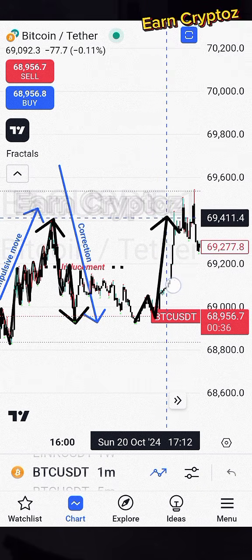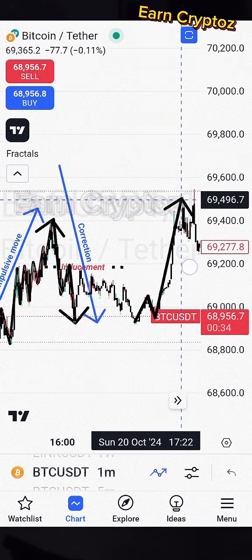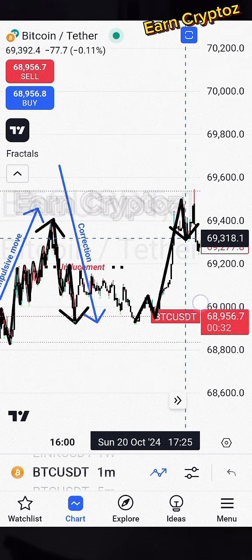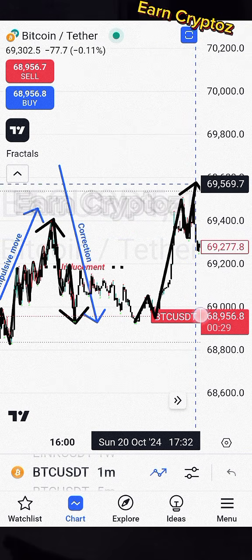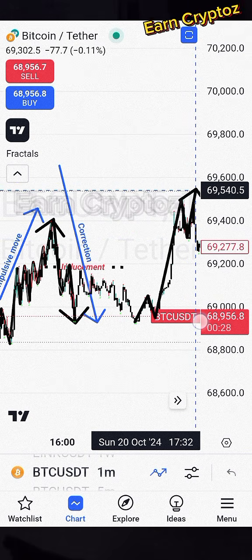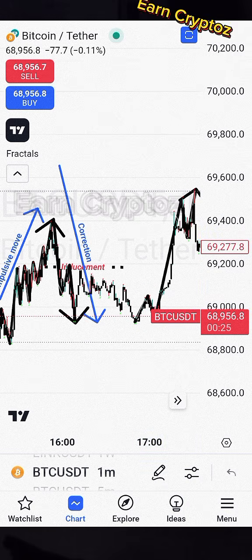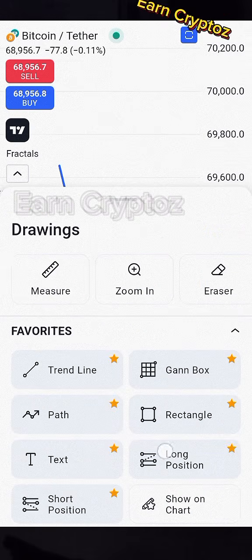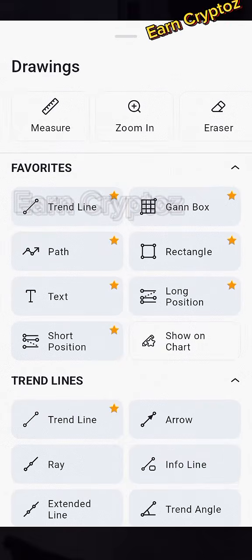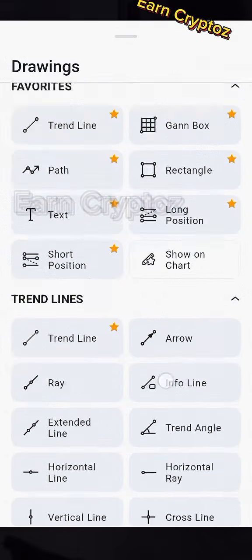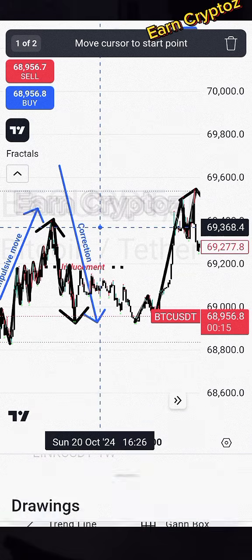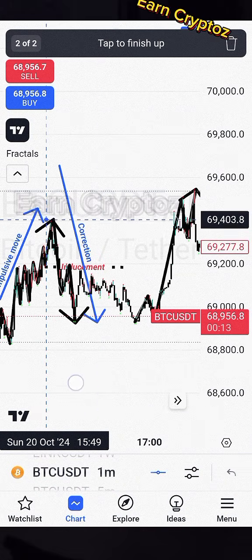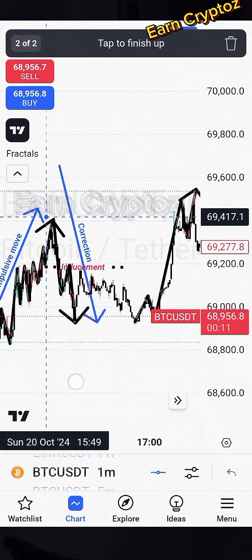You can see this is another impulse. Now you must make sure that it breaks above the first impulsive move. You can see this move breaks above the first impulsive move. That is why it's called continuation. To be sure, let's look at it.